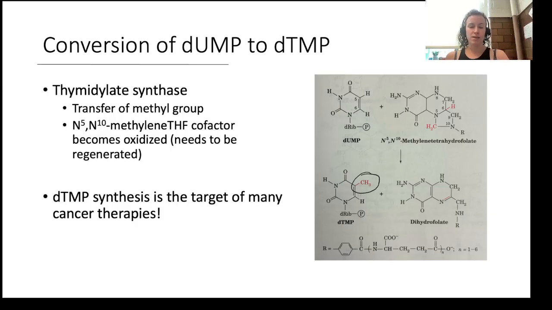During this process, unusually, the folate also becomes oxidized. So for this reaction to occur over and over again, right, we would need to regenerate the dihydrofolate, DHF, back to the tetrahydrofolate, the THF.